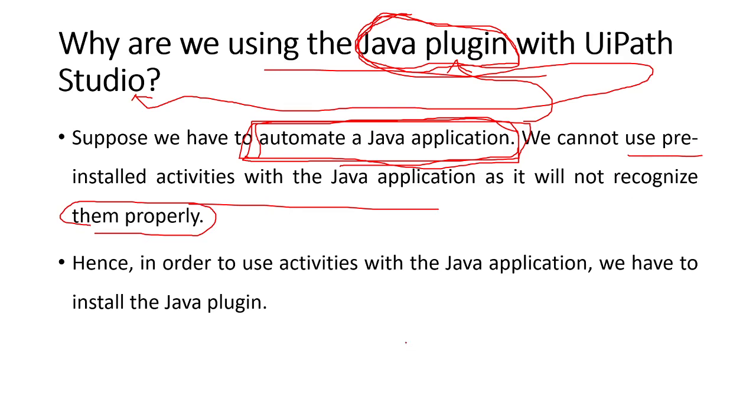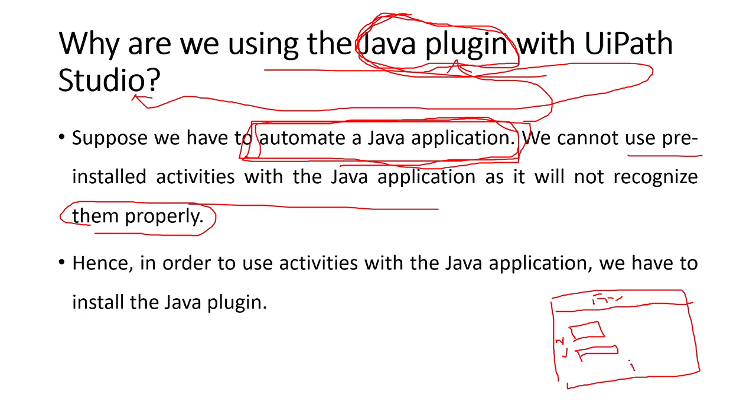It means let us assume that the applet is already running here in the browser, let us say Firefox, and there are fields like this: name, enter name here, USN here, and a button here to register. Since this applet is a Java application, if you don't install the Java plugin, there will be activities, right?